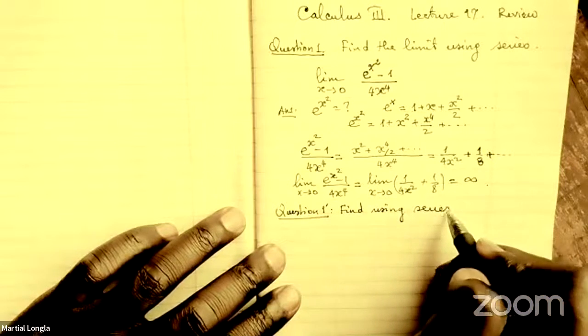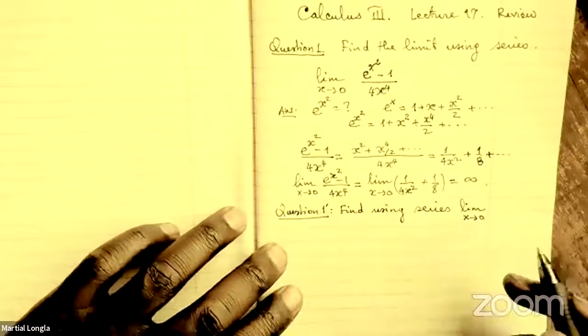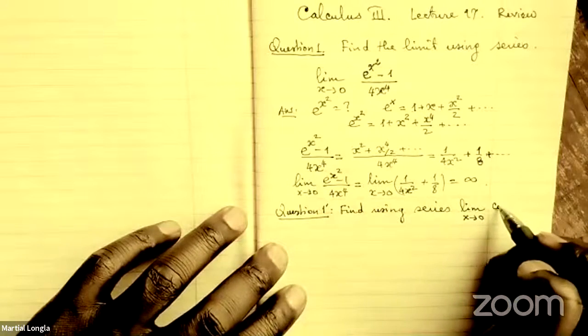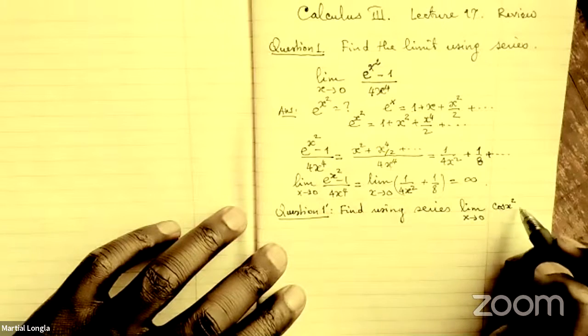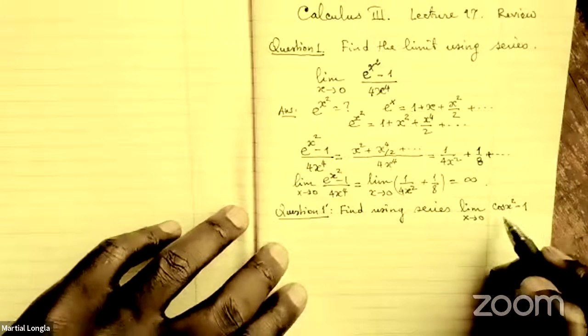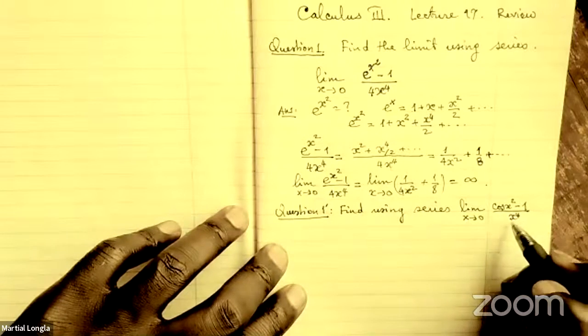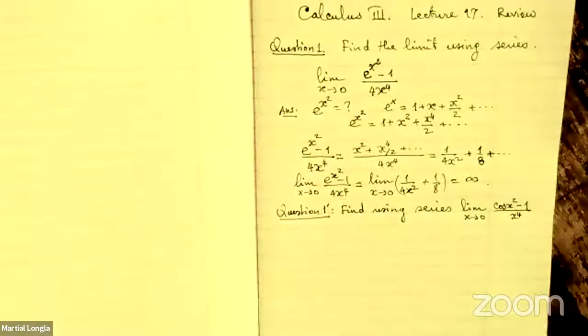Find using series the limit as x goes to 0 of cosine of x squared minus 1 over x to the fourth. 3 minutes for that, please.